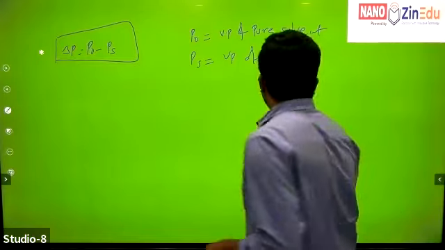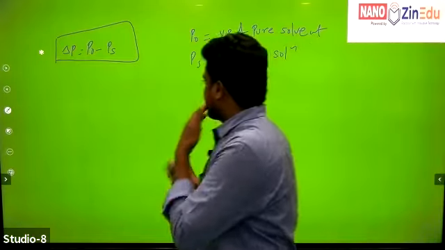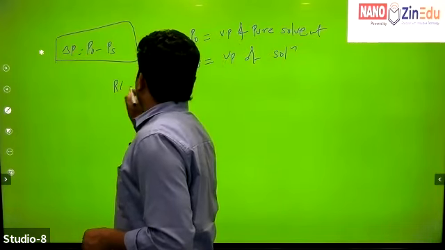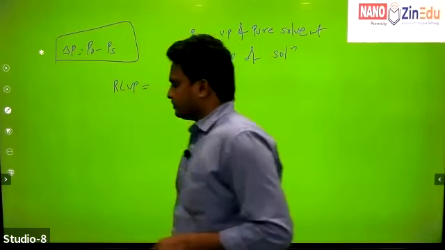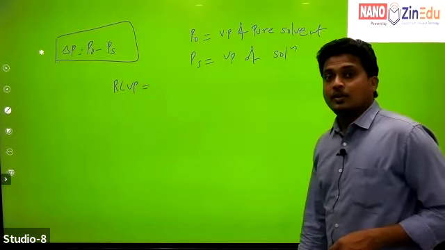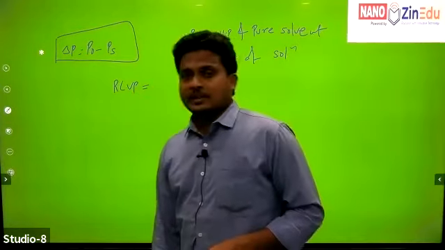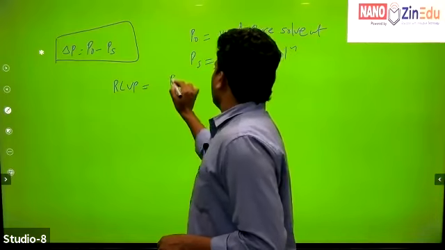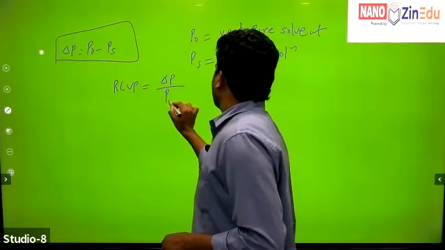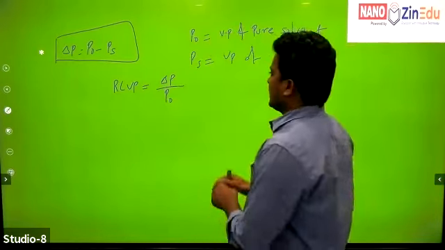Now coming to RLVP, relative lowering of vapor pressure, which is nothing but delta P by P naught.